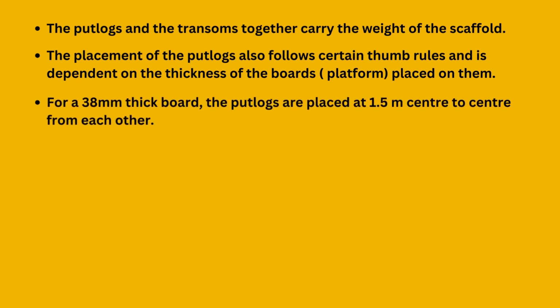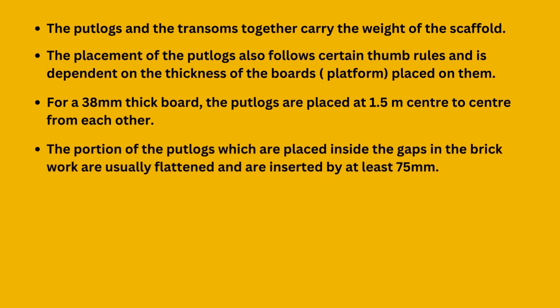For a 30 mm thick board, the putlogs are placed at 1.5 meter center to center from each other. The portion of the putlogs which are placed inside the gaps of the brickwork are usually flattened and are inserted by at least 75 mm.